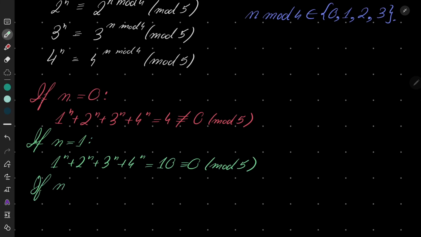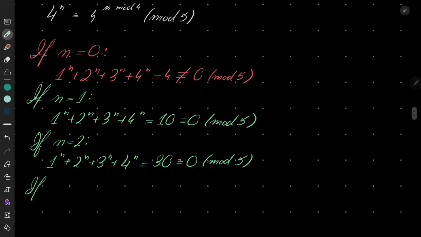Okay, if n equals 2, then we have 1 squared plus 4, it's 5, 5 plus 9, it's 14, 14 plus 16 is 30. Again, this is congruent to 0 modulo 5.